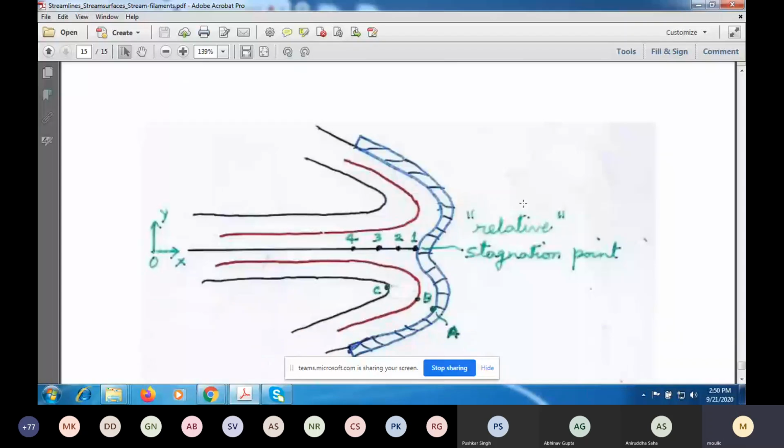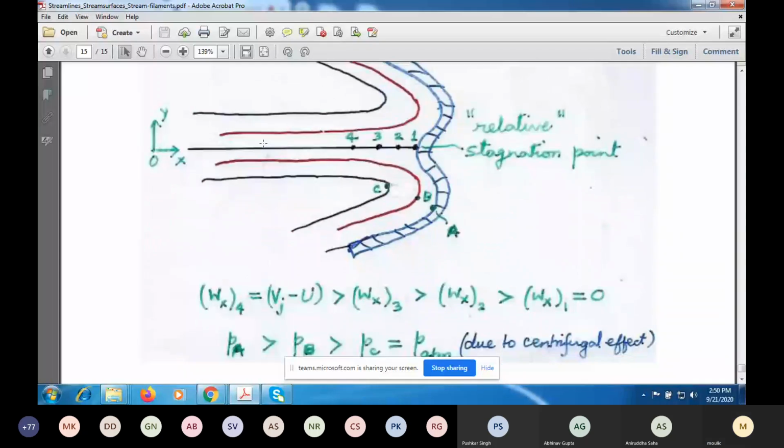Now, is it clear why the velocity is varying? Yes, sir, that is clear. If you move along the central streamline. Now if you look at this red streamline which is moving in a curved path, here also there may be some changes.